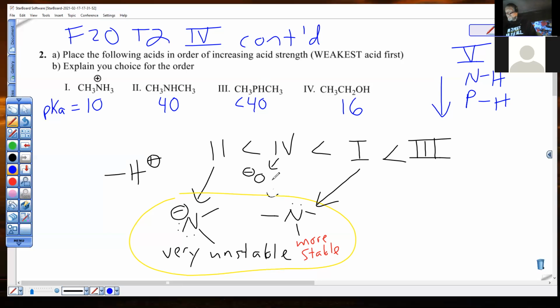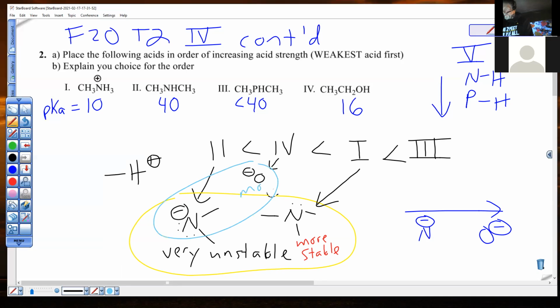O minus is going to be a lot more stable than N minus, and that's a trend on the periodic table based on electronegativity. If you're comparing O minus to N minus, it's easier to make that O minus because it's more electronegative. More electronegative. Oh, wow, that's not working at all.